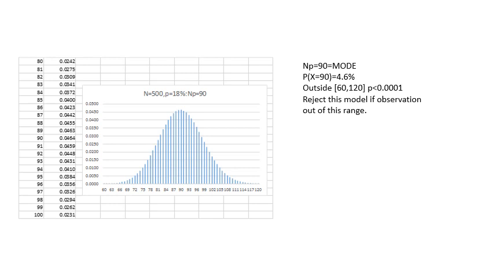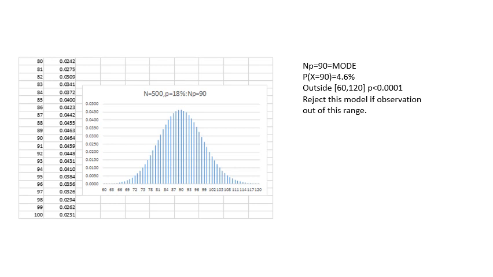So the mode is 90 successes out of 500 trials. And at 90 successes, we have probability 4.6%. And the central range here is 60 to 120, about 30 units on both sides of 90. Outside this, the probability is less than 1 in 10,000.